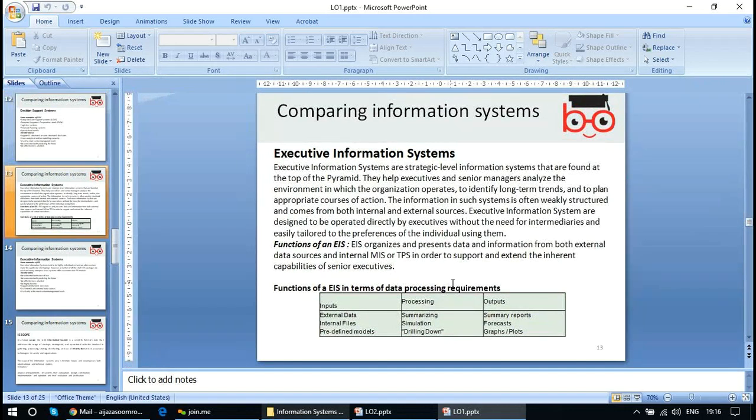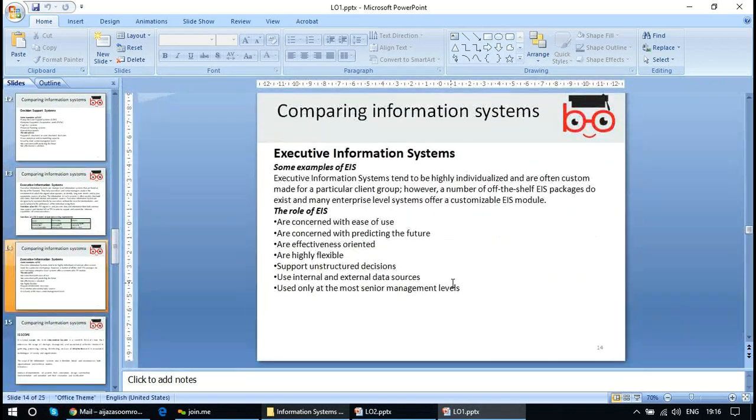Then the last one, executive information systems. These are concerned with ease of use, are concerned with predicting the future, are effectiveness oriented, are highly flexible, support unstructured decisions, use internal and external data sources, used only at the most senior management level.